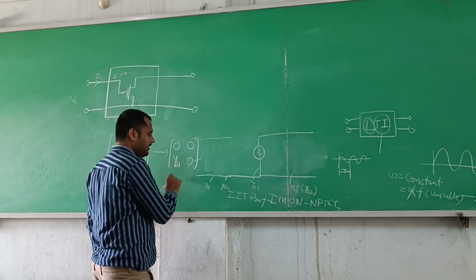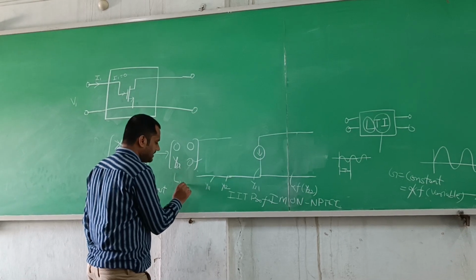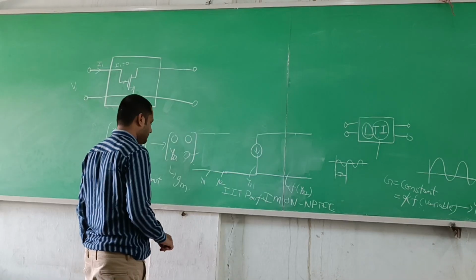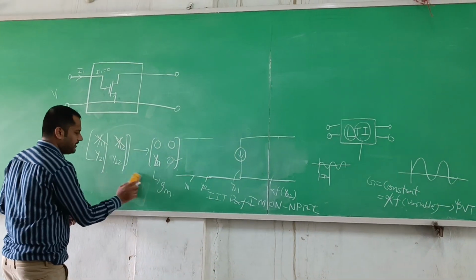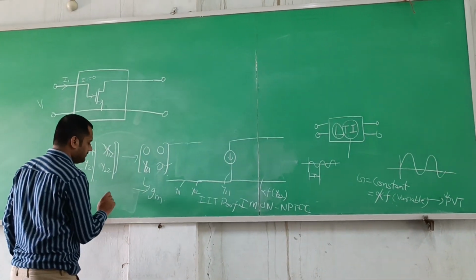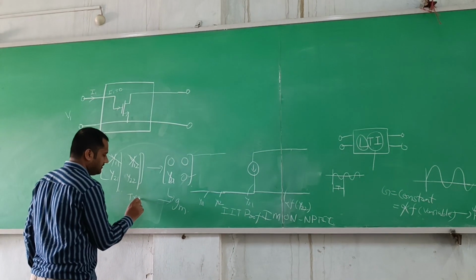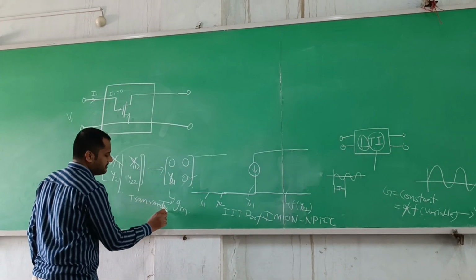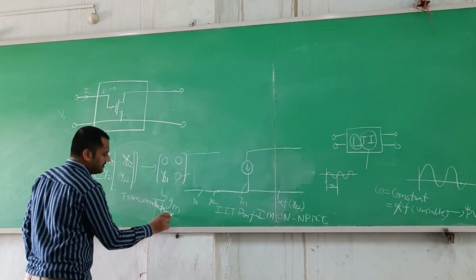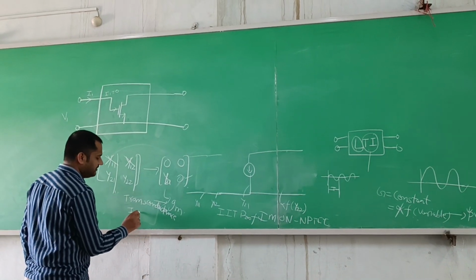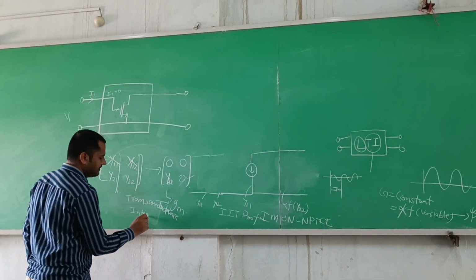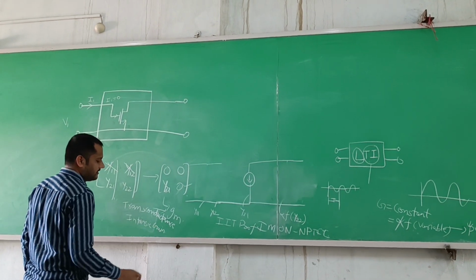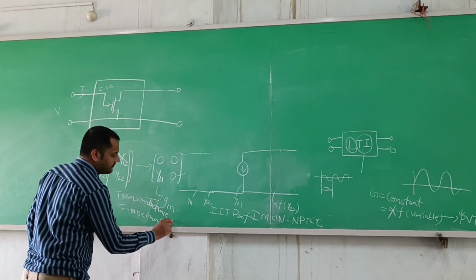And this Y21 we call transconductance, GM, or intrinsic gain of MOSFET.